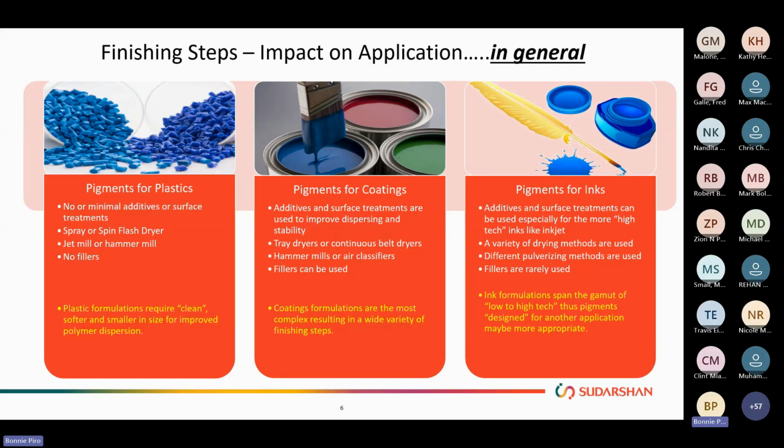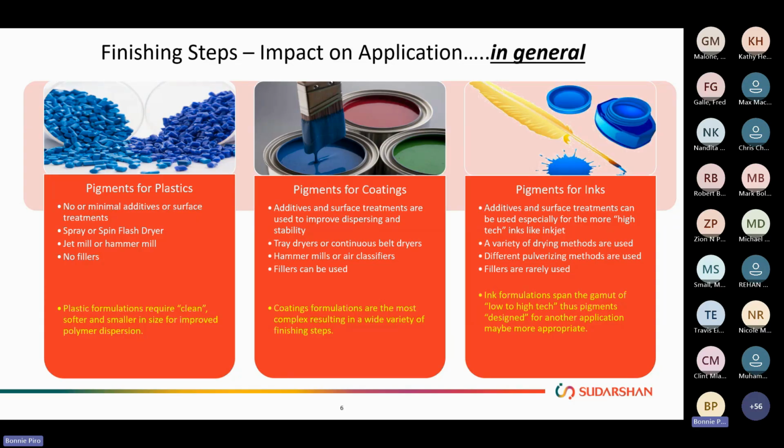For pigments that are for coatings and inks, there's a lot more flexibility in the end dispersion process, as well as sub-applications. There's water, there's solvent, there's UV. There's a lot of formulation types that have to be considered.